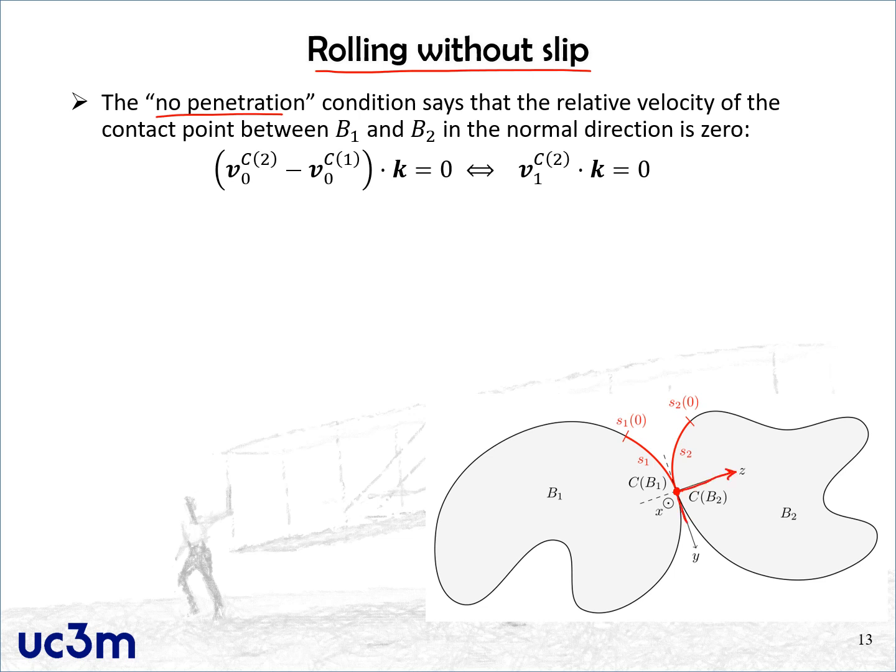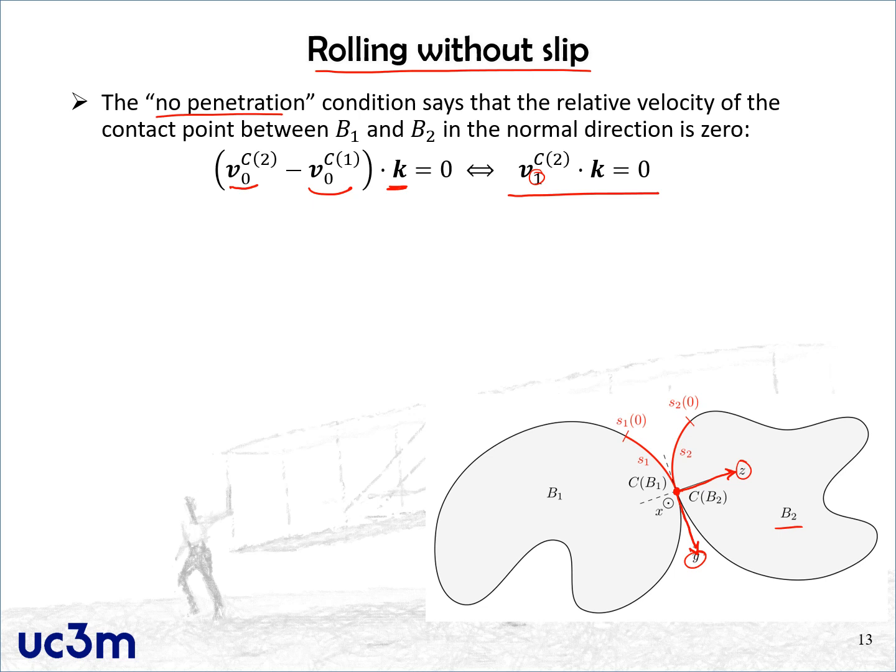We introduce two directions: the direction along the normal, that's the direction Z, and the direction along the tangent of the contact plane, which is Y. The condition of no penetration means that the difference of the velocity of point C belonging to body 2 and the contact point C belonging to body 1 in the direction of the normal is equal to 0. If you want to write it more compactly, you can write the velocity of body 2 expressed with respect to body 1, and that has to be equal to 0.